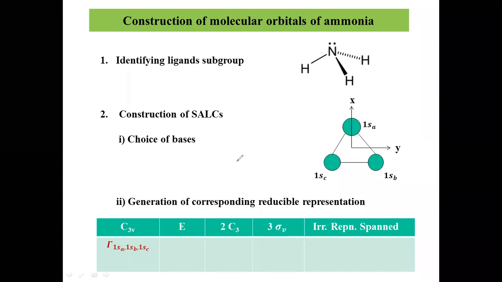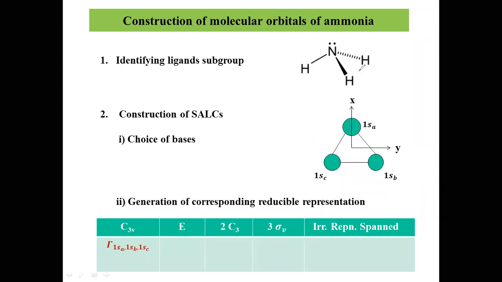In the last class, what I tried to do is to figure out what the SALCs are going to be for the ammonia molecule using the three hydrogen atoms' 1s orbitals as a base.